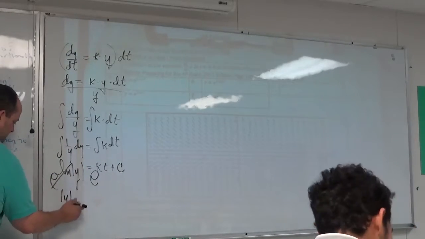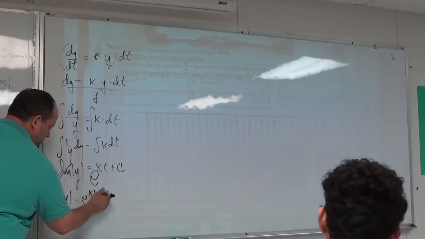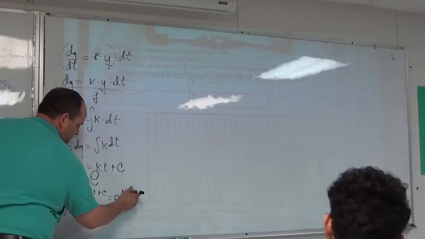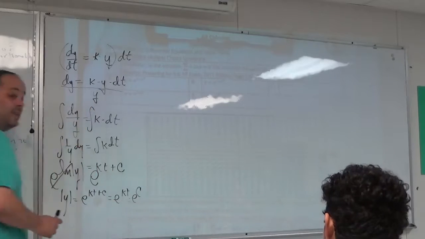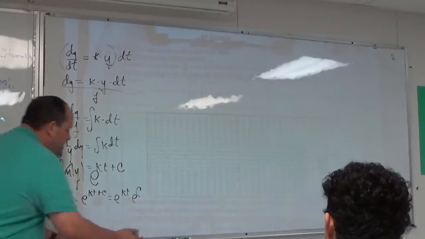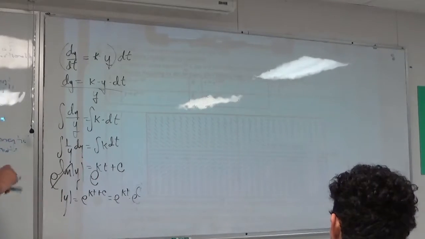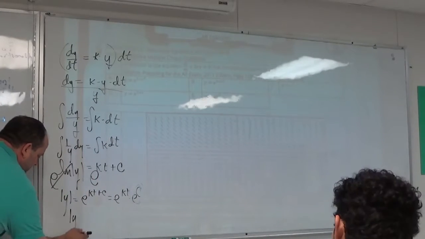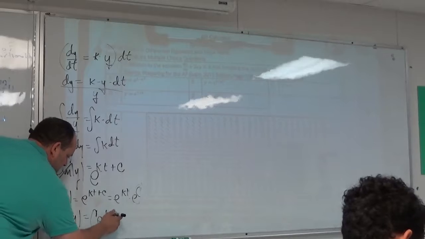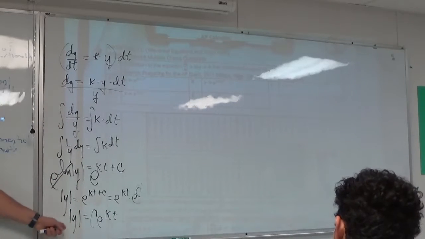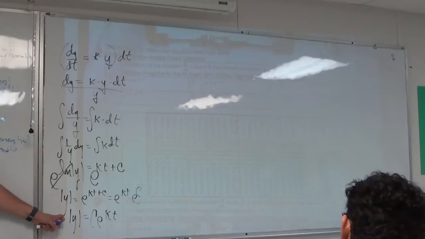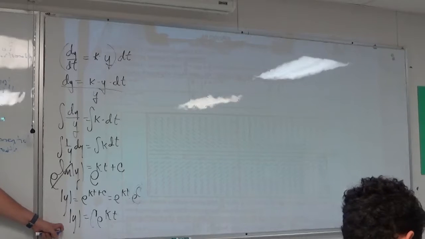Those are opposites. You get e to the kt plus c, which is the same as e to the kt times e to the c. e to the c is your super Charlie. You get that the absolute value of y equals c e to the kt. How do we get rid of the absolute value bars?